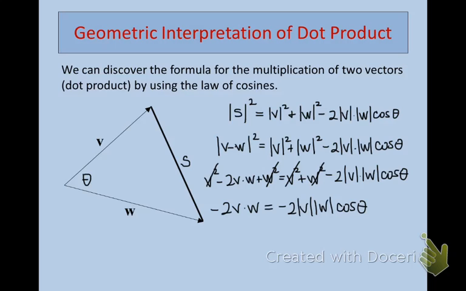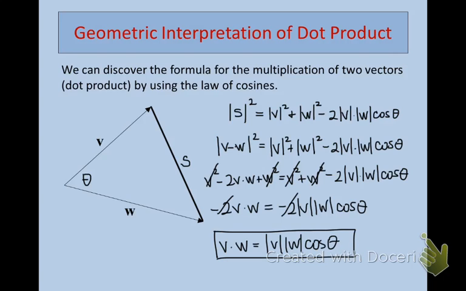And now we can see that if I divide by -2, I lose those, right? The -2's. So that means that v dot w is also equal to the magnitude of v times w times the cosine of theta. So this is another interpretation, another formula I can use for the dot product: the magnitude of each vector multiplied times the cosine of the theta in between.